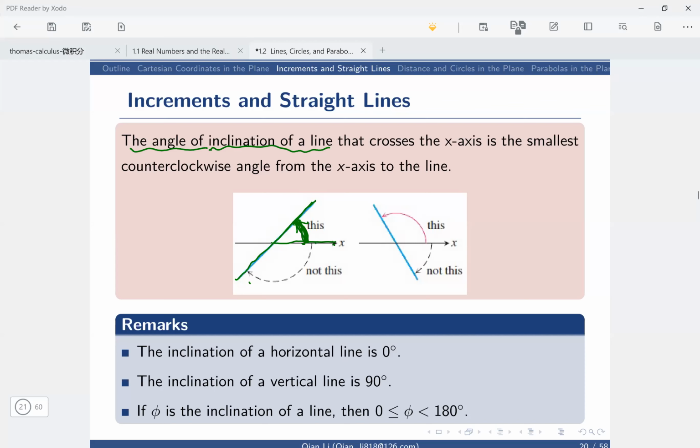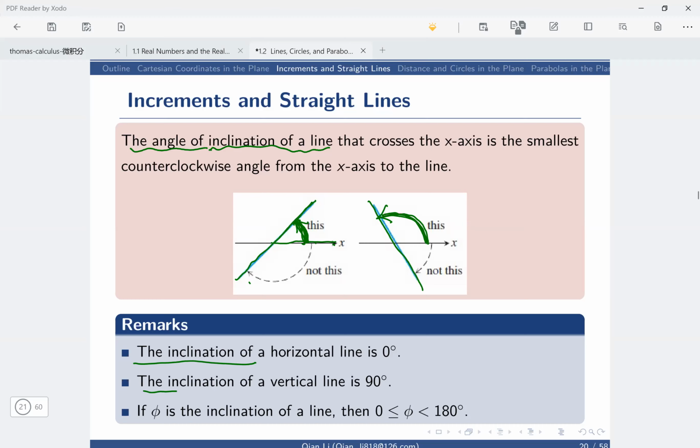Okay, and if the line is like this, the angle of inclination of this line means from the x-axis counterclockwise to this line, and this angle will be the angle of inclination of this line. Okay, this is the angle of inclination of a line. And the inclination of a horizontal line will be 0 degrees.